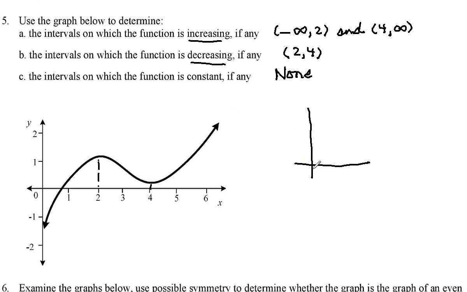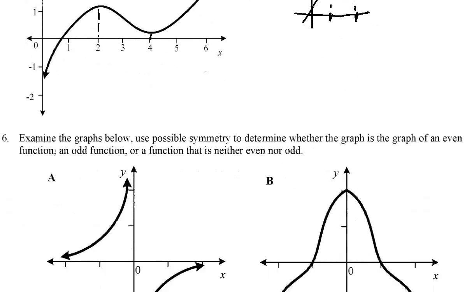Constant function would have to look something like this. It would come up, and then you'd have a horizontal section, and then it might keep going up, for example. So it would be constant on that interval there, which would be this x value to that one. Don't have that going with this function.